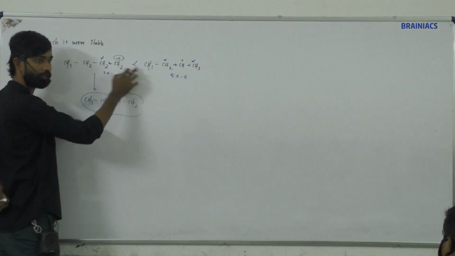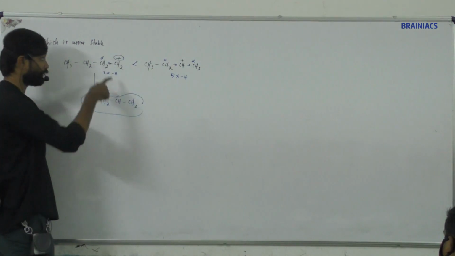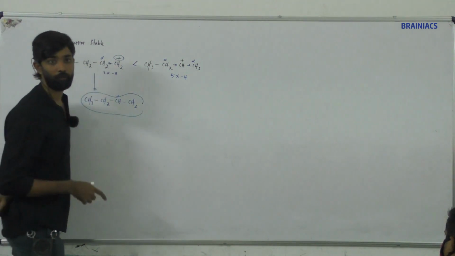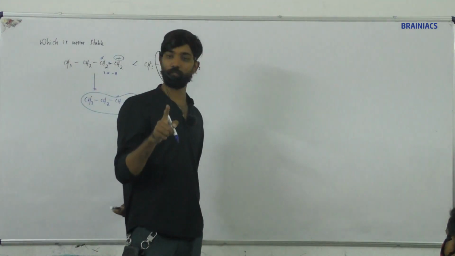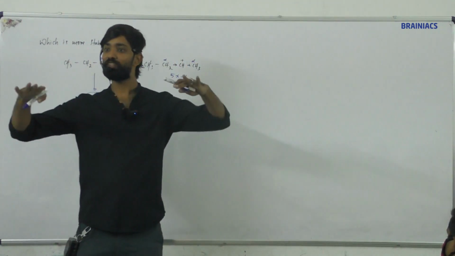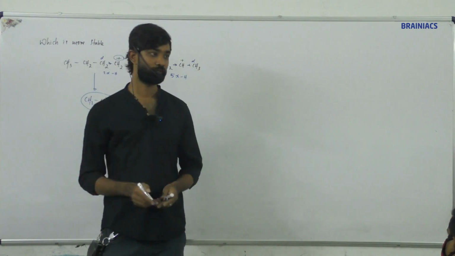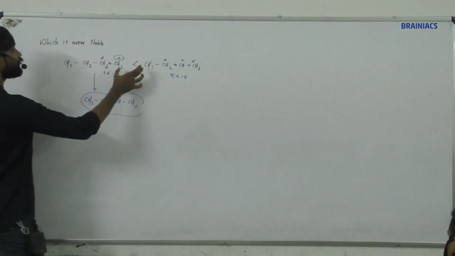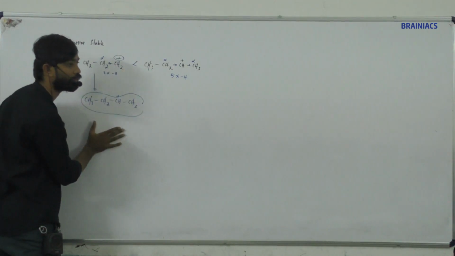So this is more stable than this one. There is no doubt, even though this can rearrange to the very same structure. So in order to compare the stability, you simply consider the given structure, not the rearranged structure.